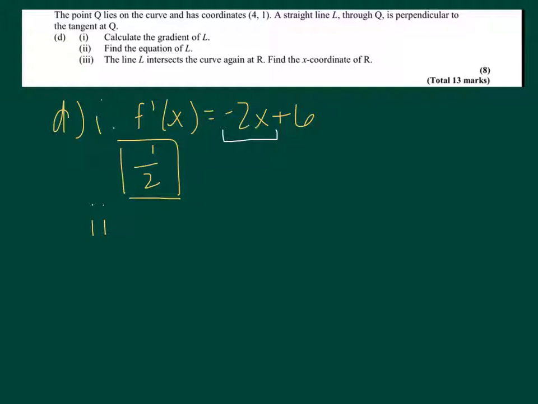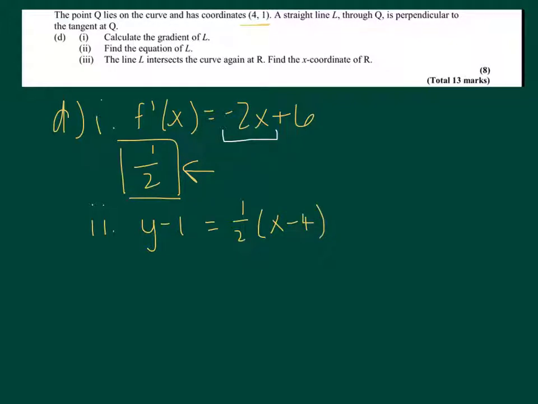And then for part 2, find the equation of L. We have the coordinates (4, 1), and now we're going to write the equation using this 1/2 as our slope. Using point slope form, we can say y minus 1 equals 1/2 times (x minus 4).